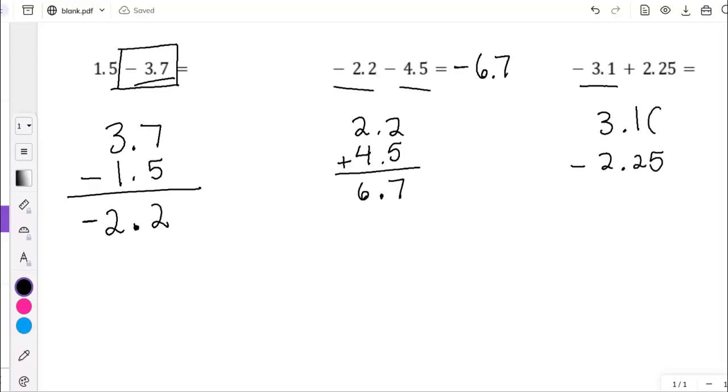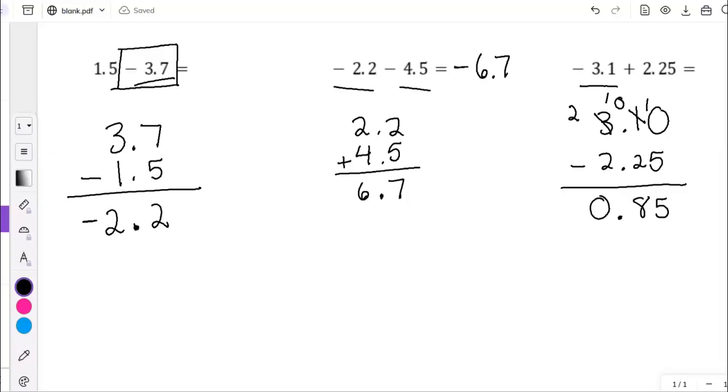I'm going to throw in a 0 there. Bring that decimal straight down. And then we do some borrowing. So I'm going to take a 1 from here, and that gives me 10 minus 5 for 5. I'm going to take 1 from here to get 10 minus 2. And then I have 2 minus 2.